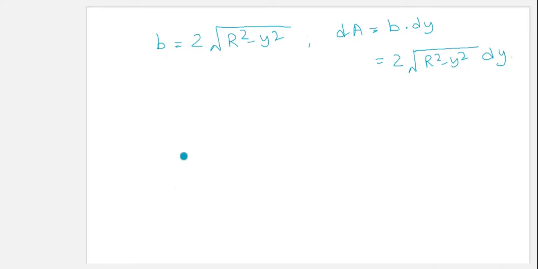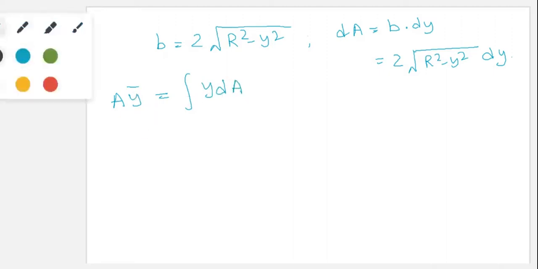Now, A Y dash is basically integration of y dA. Where is it coming from?